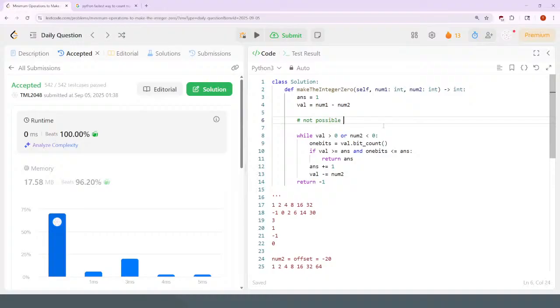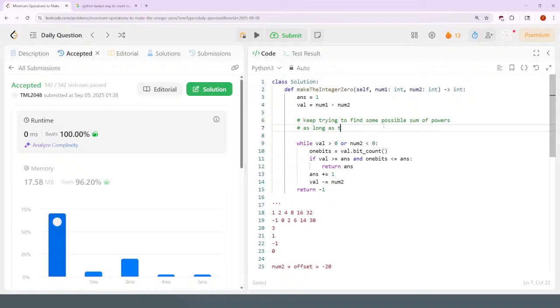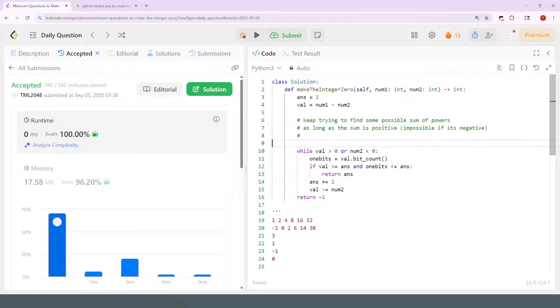Not possible. Keep trying to find some possible sum of powers as long as the sum is positive, which possible is negative. Can't have a summation be negative. Actually, the value here is like the sum of powers.